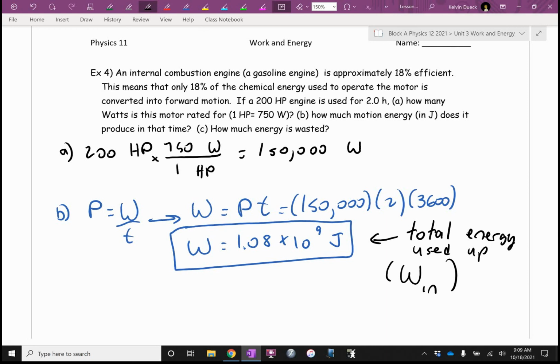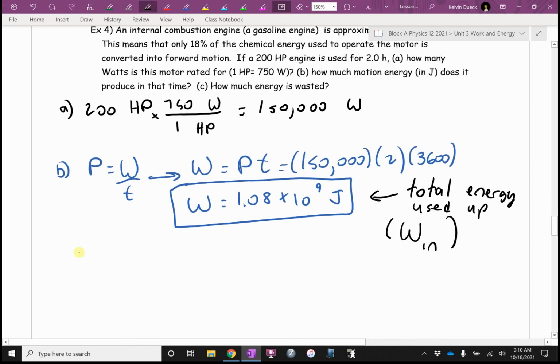How efficient is this motor? 18%, which would be as a decimal 0.18. We want work out.